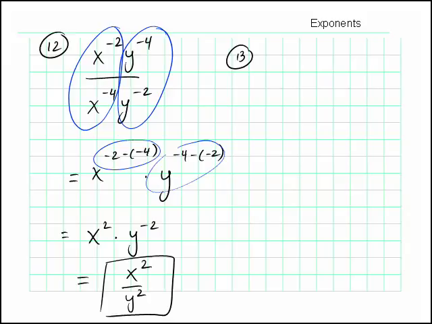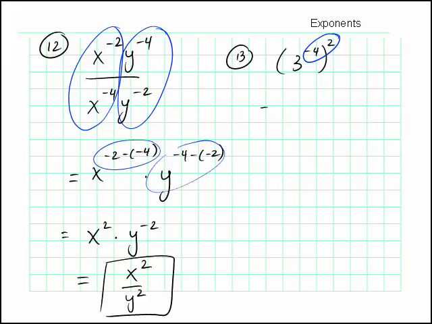Number 13. Okay, I have 3 raised to the negative 4, and all that's raised to the second power. So we learned in our properties of exponents that when we have an exponent raised to another exponent, that is where we multiply.